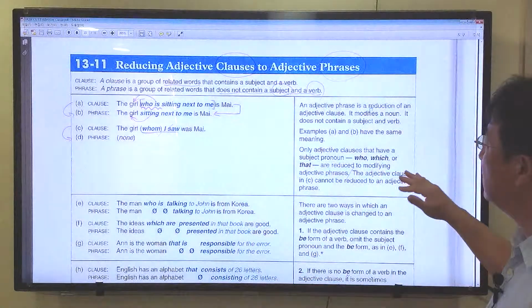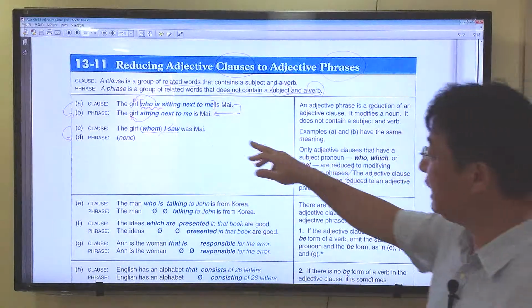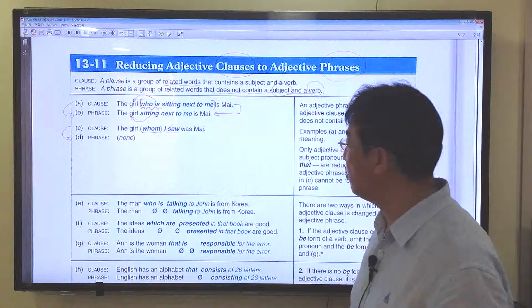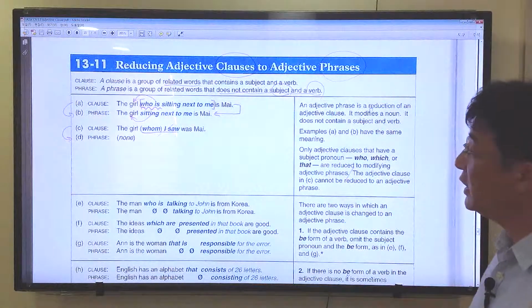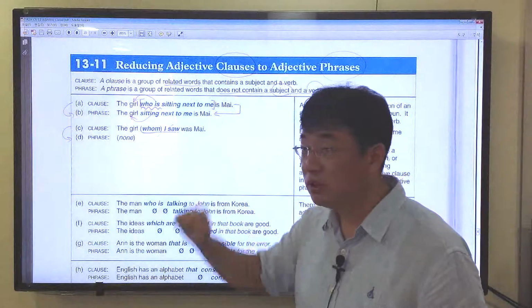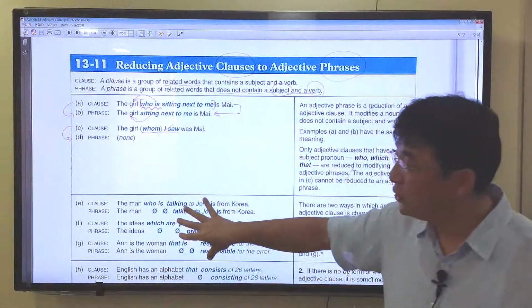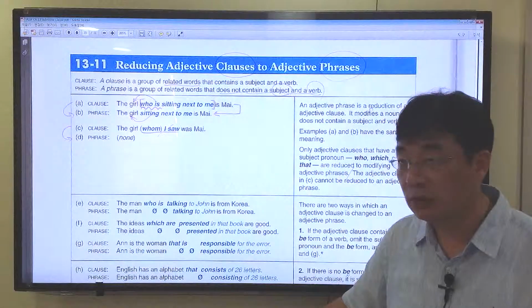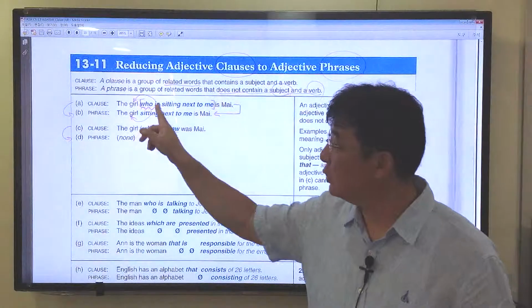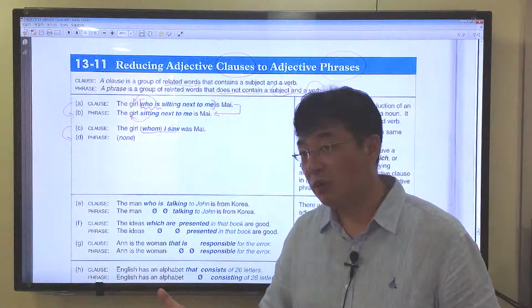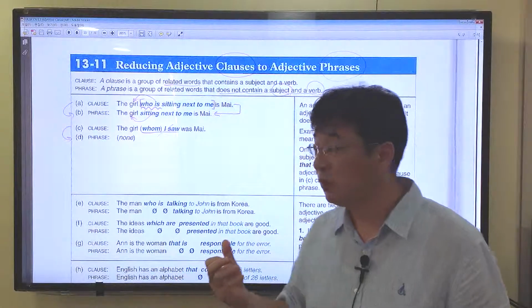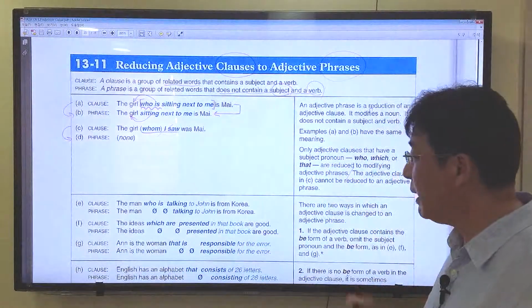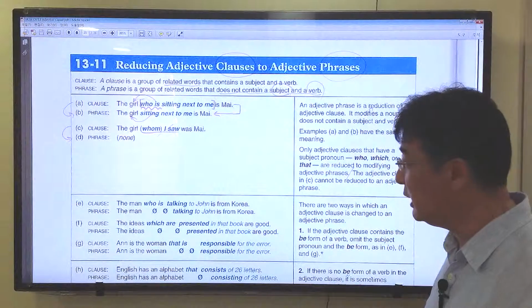So the adjective clause in C, which contains an object case relative pronoun, cannot be reduced to an adjective phrase. 그래서 주격 관계 대명사가 있는 애만 줄일 수 있는데 어떻게 줄일 수 있는지를 밑에서 보도록 하겠습니다. 그리고 주격 관계 대명사가 있더라도 be동사가 오느냐, or we're supposed to have a general verb, common verb, 일반 동사 오느냐에 따라서 줄이는 방법이 틀려지는데 어떻게 되는지 한번 보겠습니다.